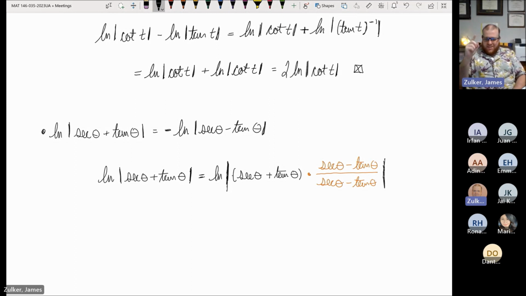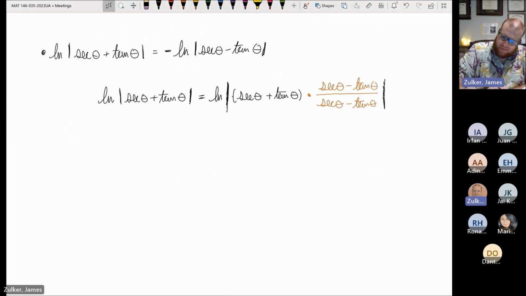So we're going to multiply by secant minus tangent over secant minus tangent. Let's see what this gets us. The numerator is a difference of squares, isn't it?